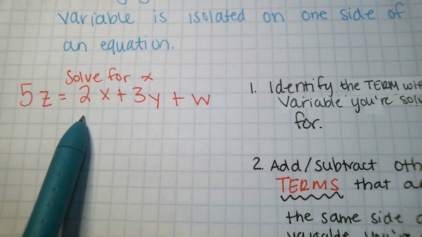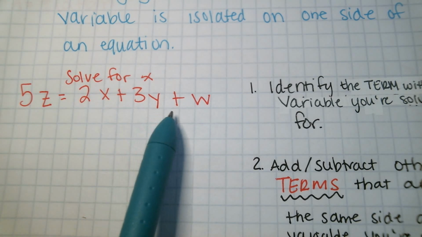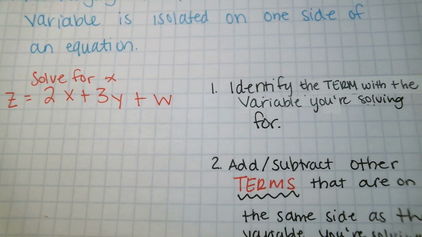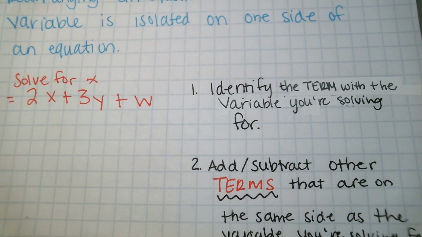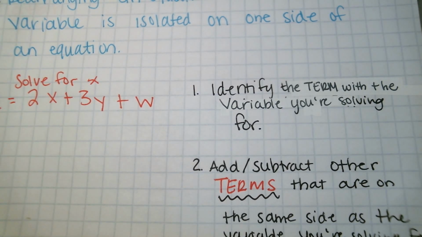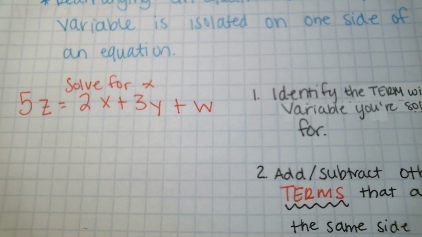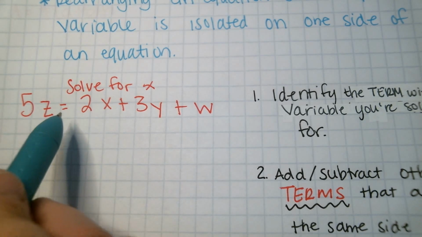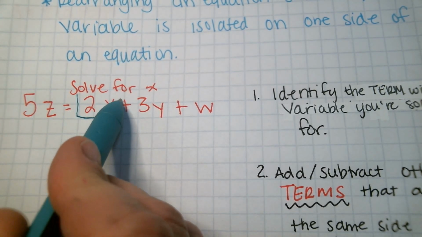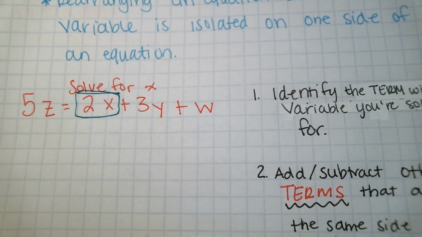So in this one, 5z equals 2x plus 3y plus w. First thing you want to do, identify the term with the variable you're solving for. So where's the variable I'm solving for? It is right here, 2x. That's the term.